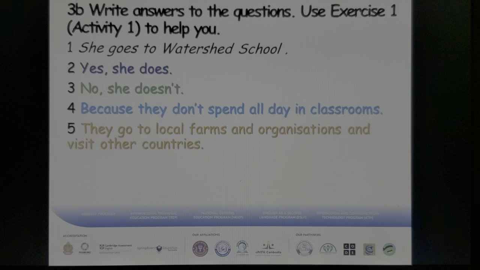So the answer is they go to local farms and organizations and visit other countries. That is the way they learn in the real world. They need to go to the local farms, the farms in their place, or any organizations, and visit other countries.